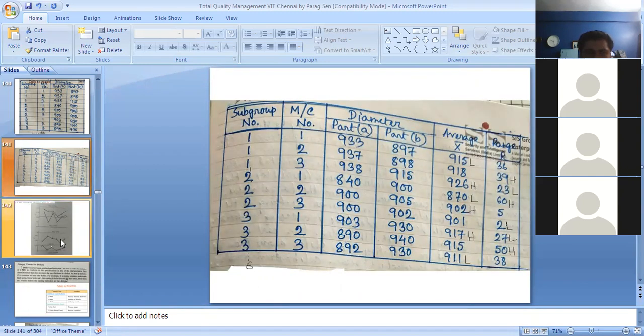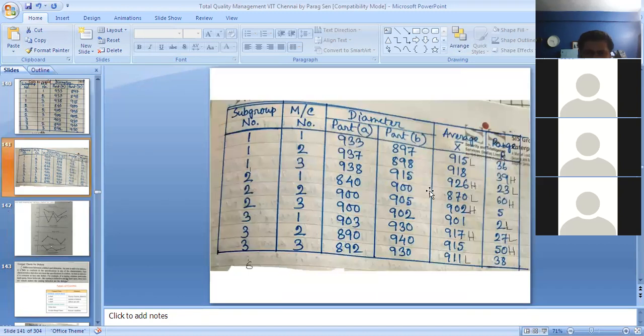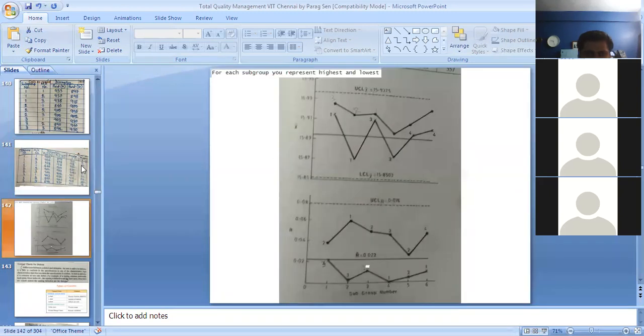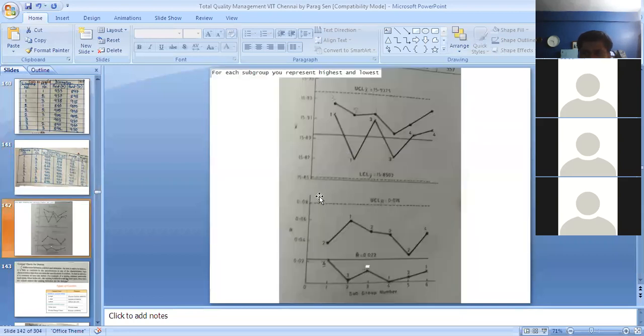The highest data is 926, so you plot 926 here. They have converted these values to something like 15.93, 15.91, but you don't need to convert them. Whatever is given there, you directly plot those values, 915, 926 or 900, taking a suitable scale.